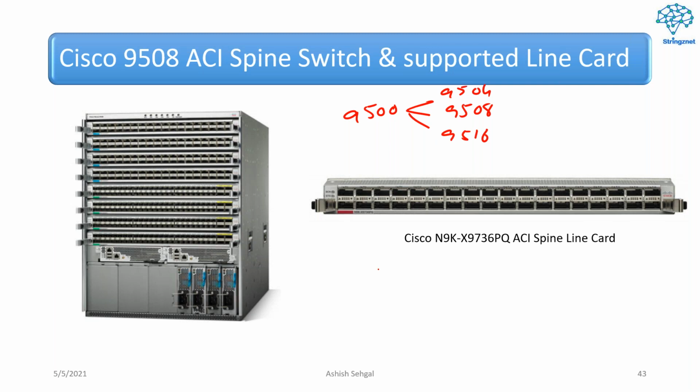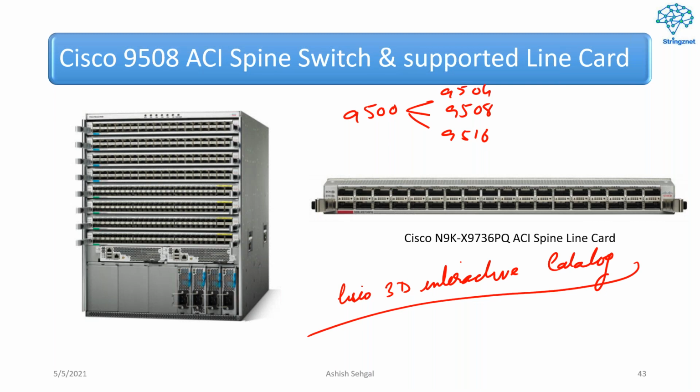Feel absolutely free. There is the Cisco 3D interactive catalog available in Google, both in a downloadable version as well as a web version. Hope you remember we had a discussion on it. You can go through the Cisco 3D interactive catalog to understand the inside of the 9500 series switches.